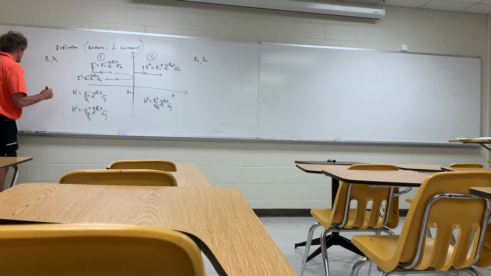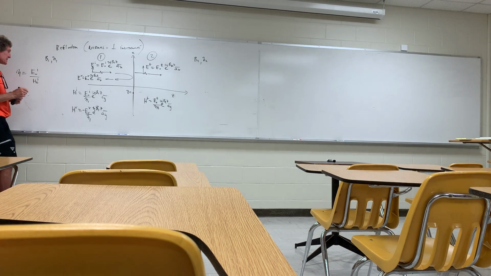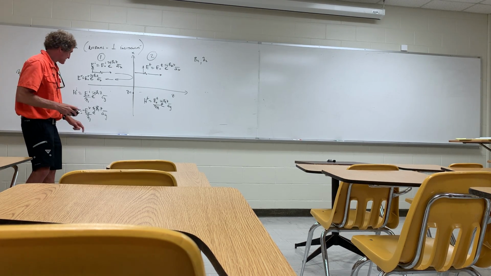Y'all remember that when I developed eta, the intrinsic impedance, it's the ratio of E naught incident over H naught incident? Do y'all remember that class? That is for positive traveling waves, but for E naught reflected over H naught reflected, it's actually minus eta. So there has to be that minus right there.